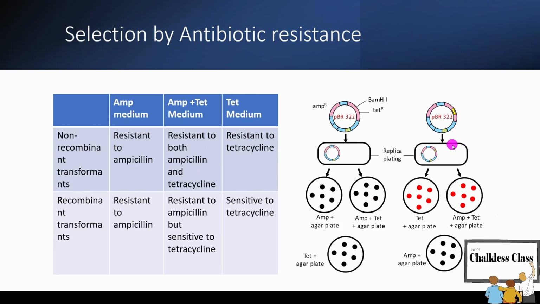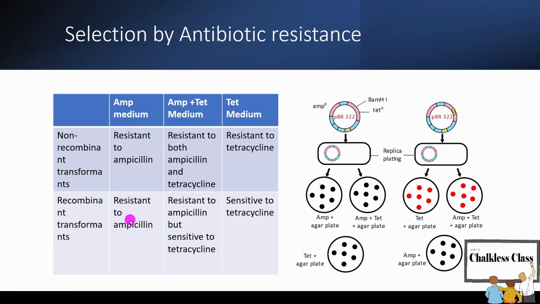When this recombinant transformant is transferred to the ampicillin medium, it can survive, because in the recombinant transformant the ampicillin resistance gene is not damaged, so it can produce the product which acts against ampicillin and can survive in that medium. See here, when the recombinant transformants are transferred to the ampicillin medium, they show resistance to ampicillin, so they can survive.